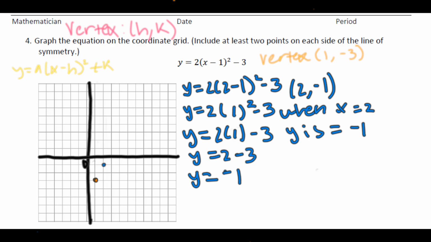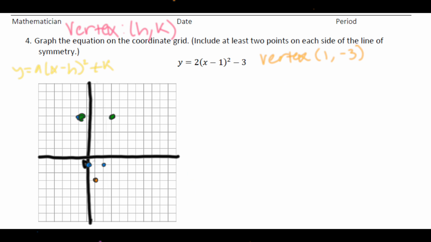And just to restate how I did that, I plugged in 2 for x, so 2 minus 1 gets me to 1. 1 squared is 1. 1 times 2 is 2, and then 2 minus 3 is -1. So really all we're doing is following the rules of PEMDAS.